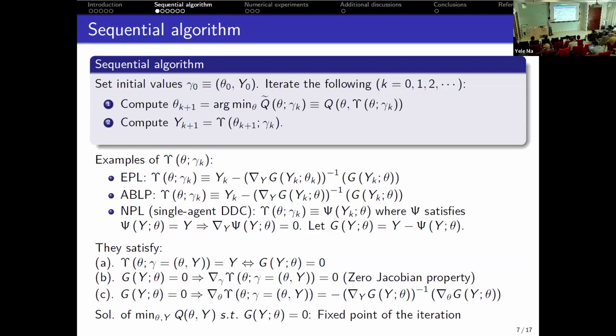So this is a zero Jacobian property. And under these conditions, the solution of the original constraint optimization problem is a fixed point of this iteration under moderate conditions.